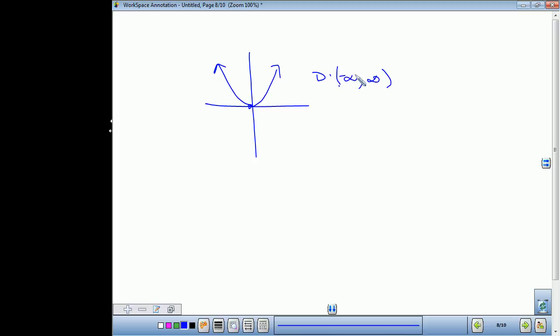The domain is negative infinity to positive infinity, but the range is 0 to infinity. So when I do its inverse, they're going to switch. So this becomes the domain. Is that why it didn't go past the second line? And this becomes the range.